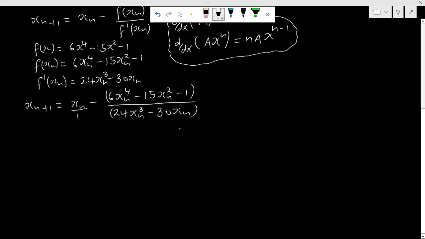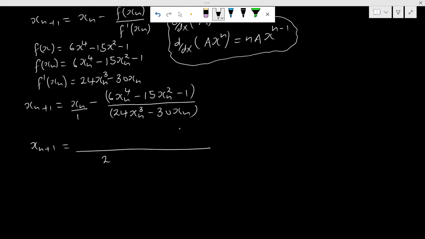So the LCM of 1 and 24x_n^3 minus 30x_n will be 24x_n^3 minus 30x_n.